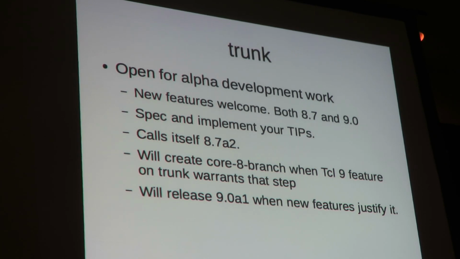If there's something that can go into 8.7 which will make a script writer, an extension writer, have an easier time moving from 8 to 9, then that's something I think needs to go into 8.7. In addition to that, because it's open and because we take contributions from the world, we're going to get things which are just new stuff, not aimed particularly at serving migration. And 8.7 is a perfectly fine place for those things to go as well.